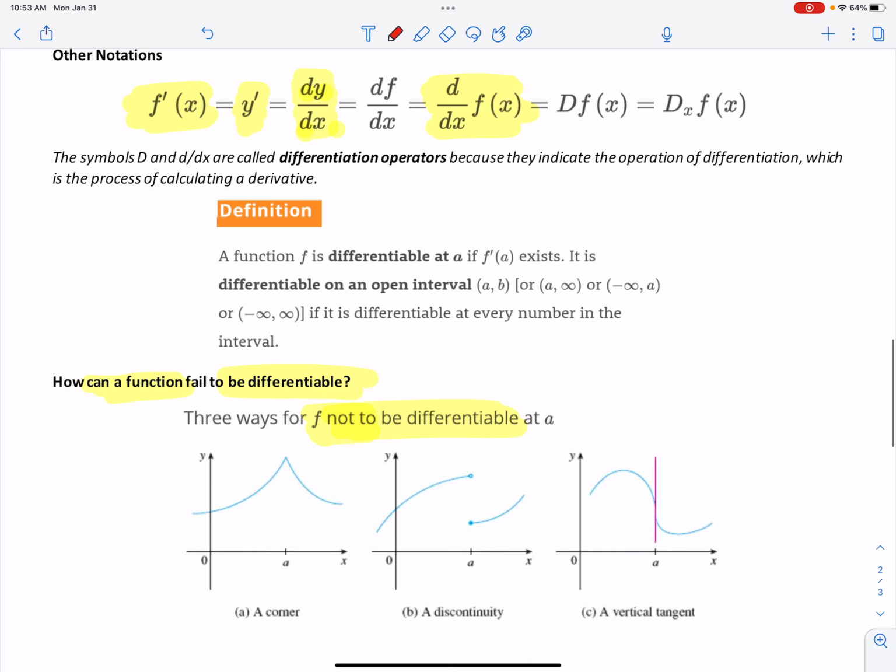The first case is whenever there's a corner point. Maybe there's a sharp corner. It's okay for it to have a bunch of rounded, curvy edges, but if there's a sharp corner, then there won't be a derivative at that point. You won't be able to calculate the slope of the tangent line at that point.